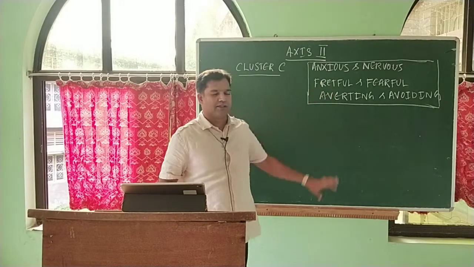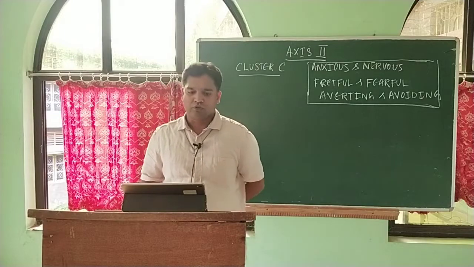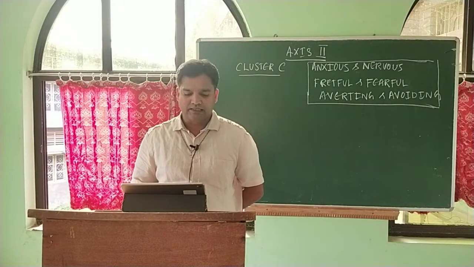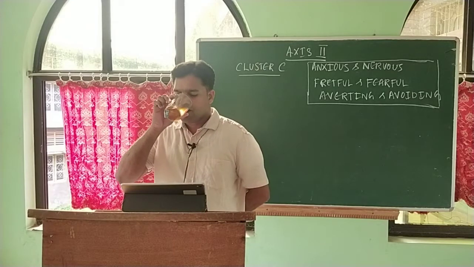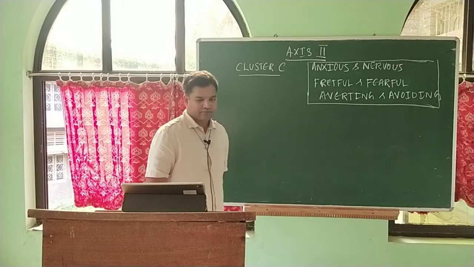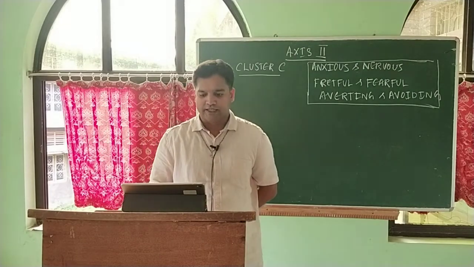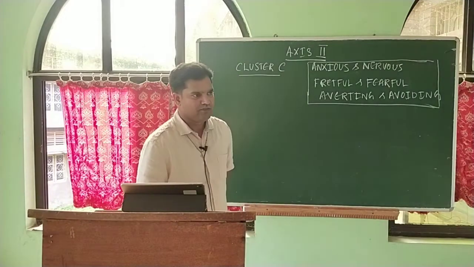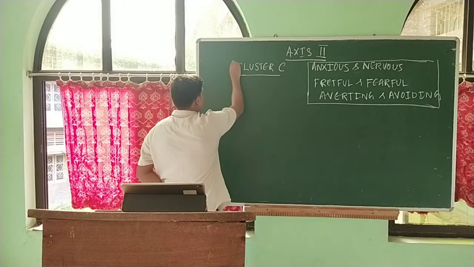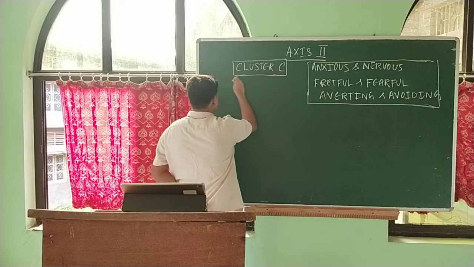That is the main characteristic of people who come under cluster C. And basically there are 3 disorders: avoidant personality disorder, dependent personality disorder and obsessive compulsive personality disorder. These 3 personality disorders come under cluster C.